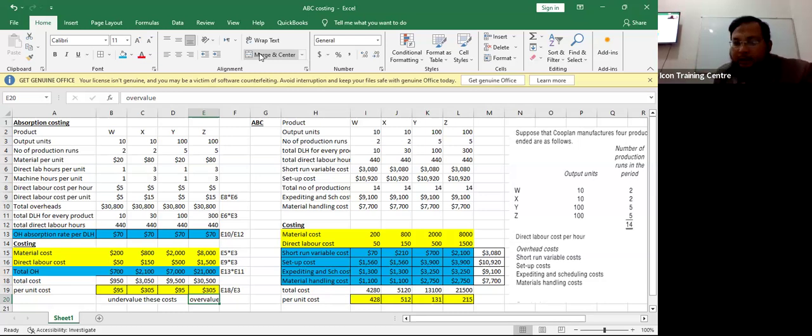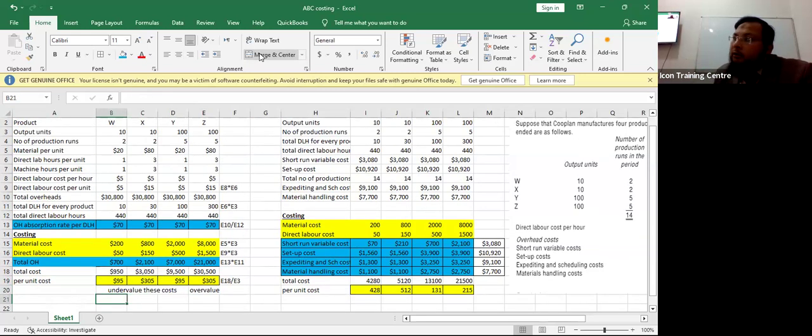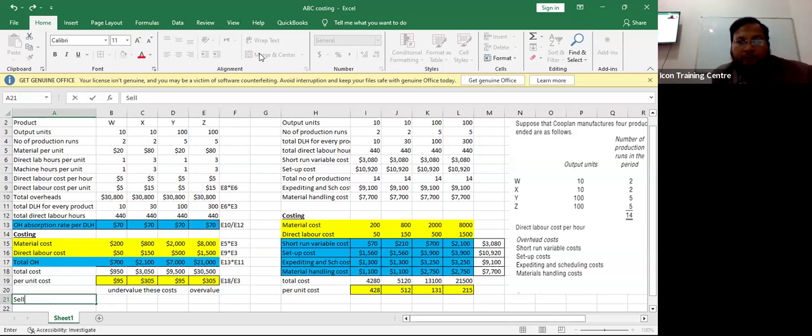Now imagine if you follow ABC and you set any price, what price will you set? Imagine for product W. What selling price will you set? You will set any price because the cost is 95. So we can sell it for 100. We can sell it for 310. Am I right?